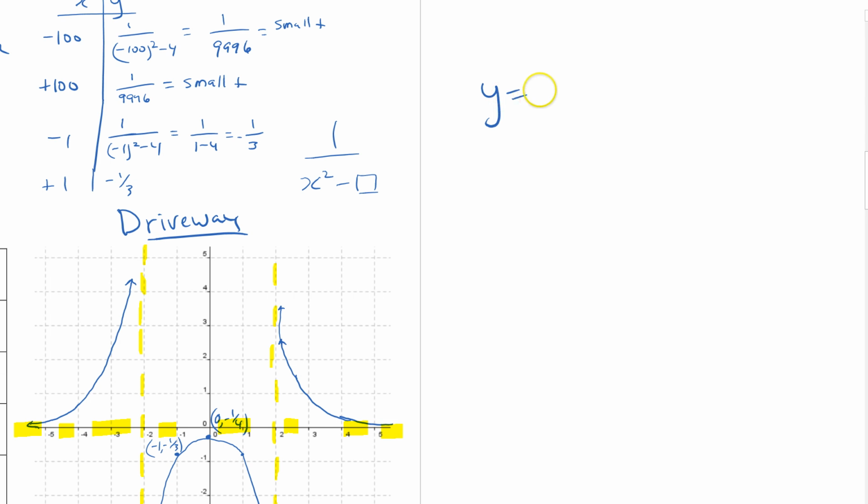Okay, and just a reminder, sort of like what I was saying before, if we think of y is equal to x squared minus 4, what does that look like when we graph it? Well, remember y is equal to x squared looks like that. Okay, so if I was to say what happens if we do minus 4, we end up getting something that looks like this.